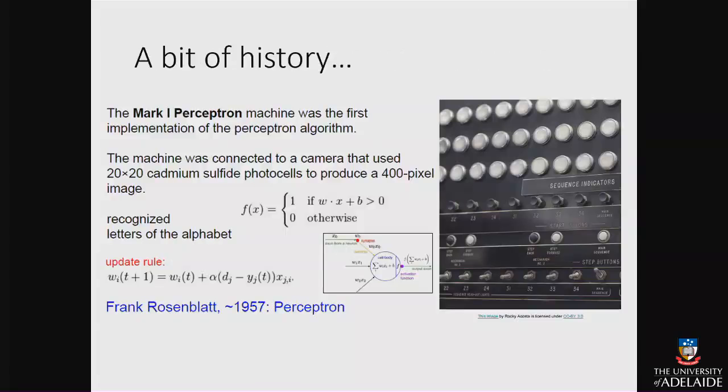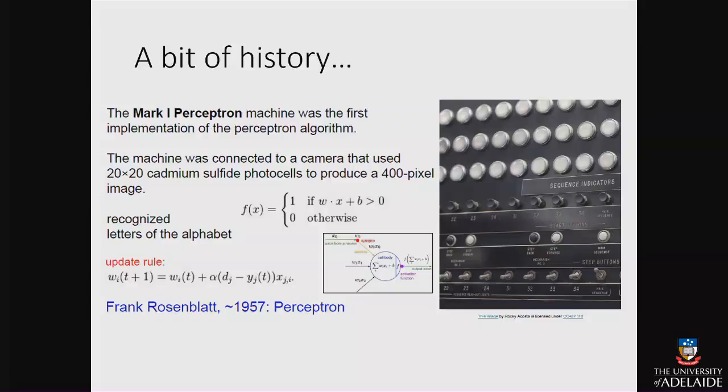Before going into more details, let's see a bit of history at first. The Mark 1 Perceptron machine was actually the first implementation of the perceptron algorithm. The machine was connected to a camera that used 20x20 cadmium sulfide photocells to produce 400-pixel images.